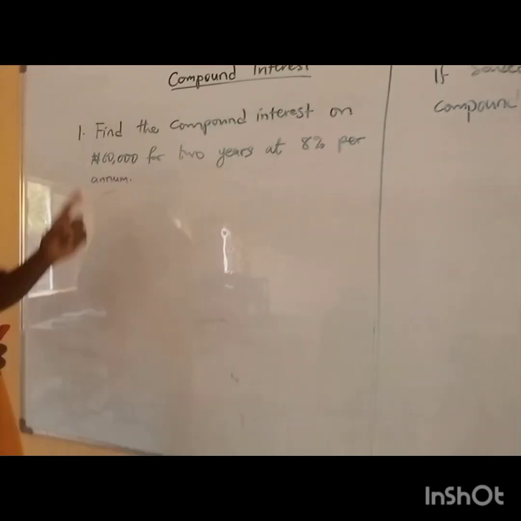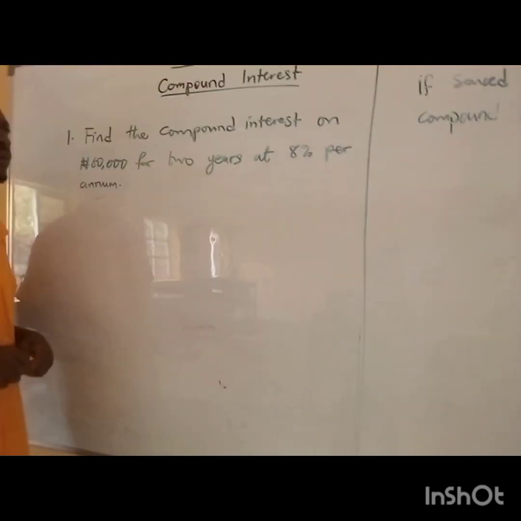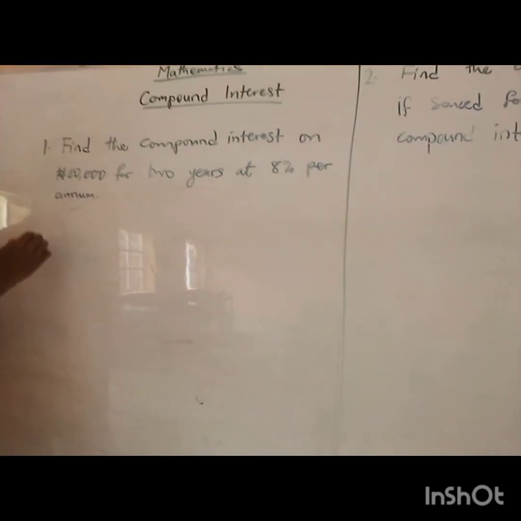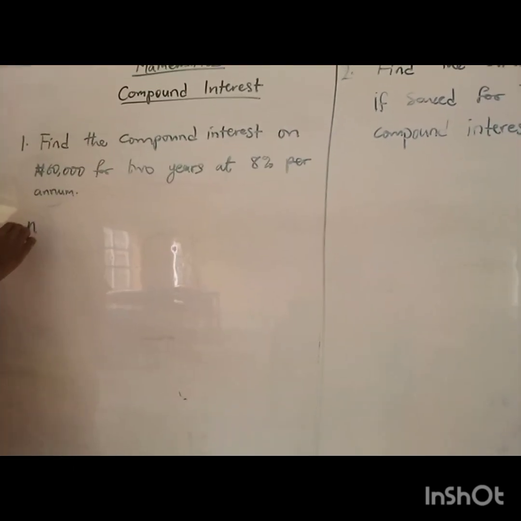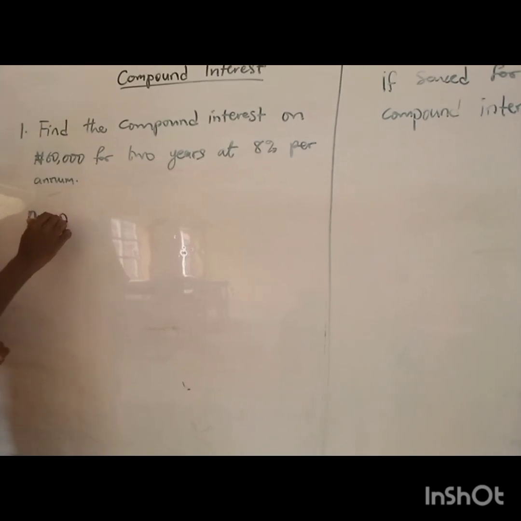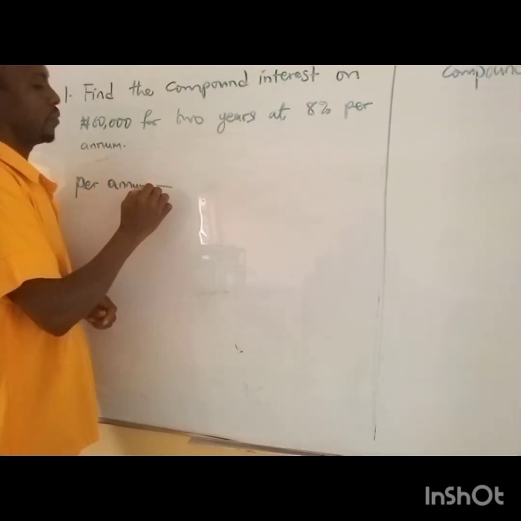So the question says, find the compound interest on 60,000 naira for 2 years at 8% per annum. Now, per annum means yearly.